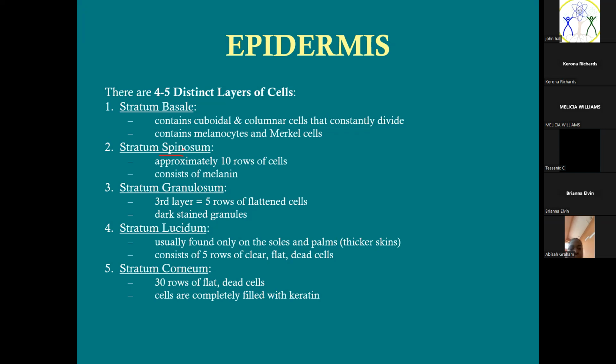When you look at these cells under the microscope, they have sharp corners, and they have little spines. Hence, they're called the spinosum. So stratum granulosum, you clearly see the word granule here. I should tell you that they're going to be granular cells, right? All right. Notice 5 rows of flattened cells with dark staining granules.